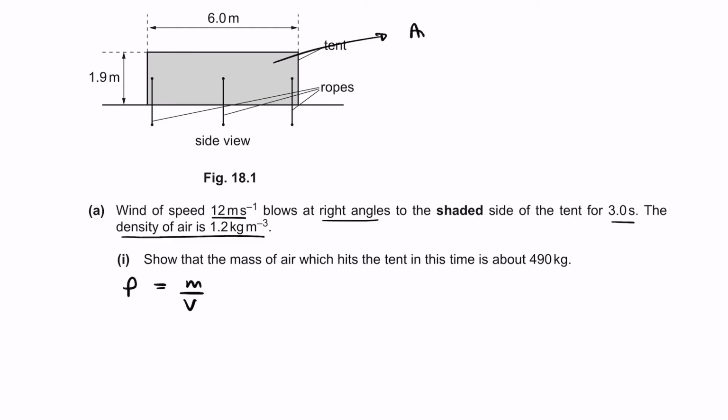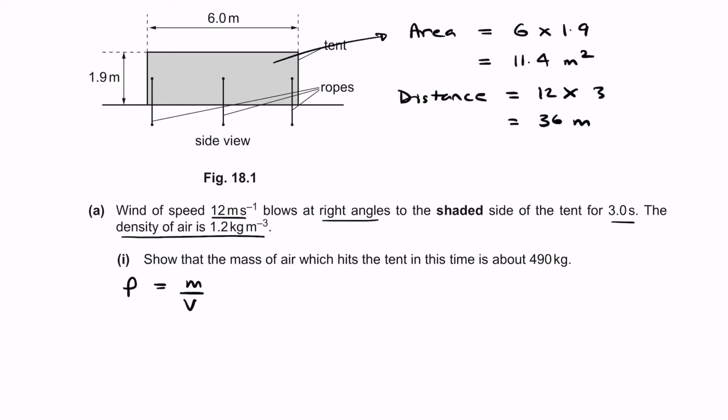The area of this rectangle is 6 times 1.9 meters squared, which will give me a value of 11.4 meters squared. We also know that the wind is traveling at 12 meters per second for 3 seconds, so it's traveling a distance of 36 meters altogether.